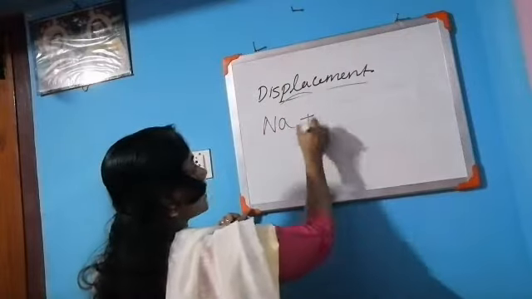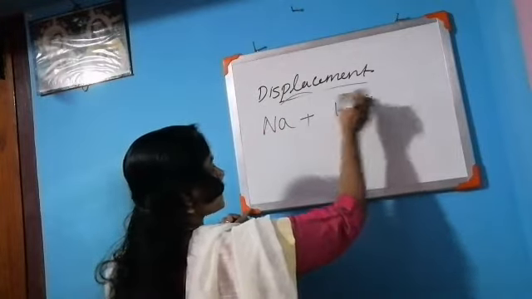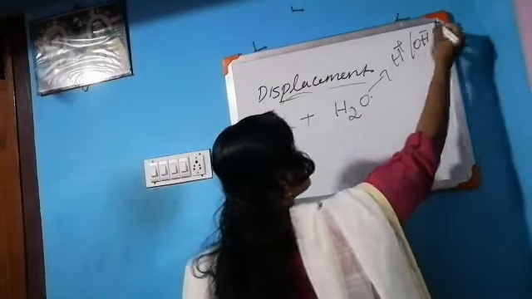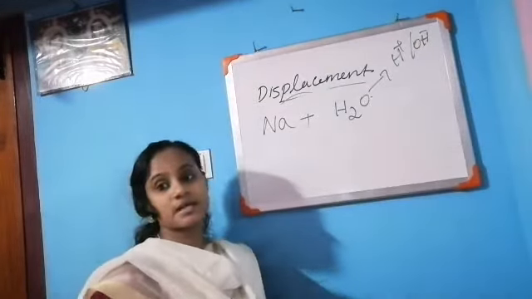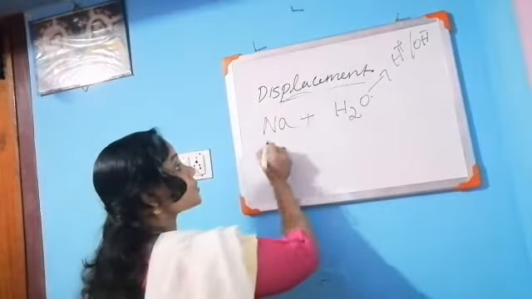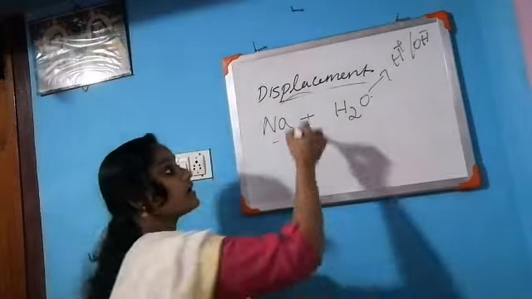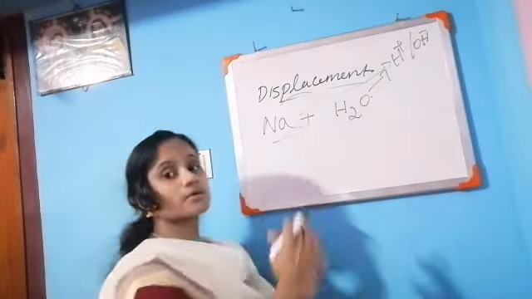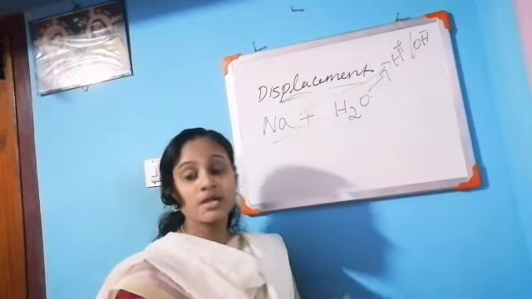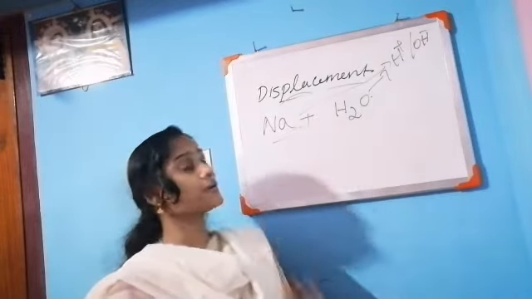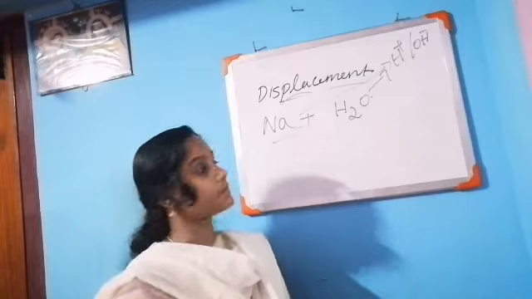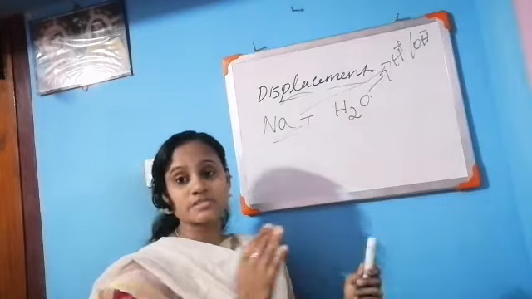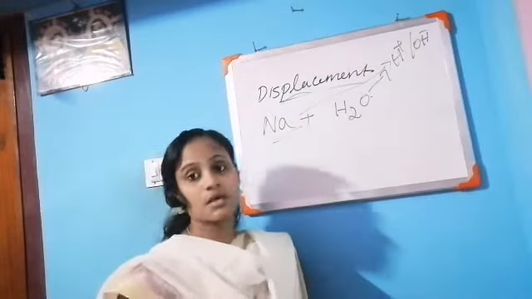So sodium reacts with water. Water splits into H plus and OH minus. So sodium displaces the hydrogen from that water compound. Is it clear? The H plus and OH minus combine to form water.